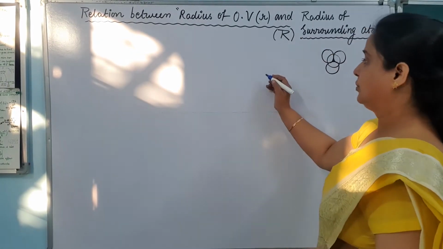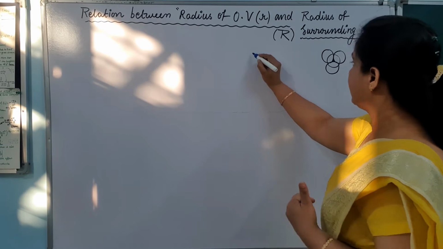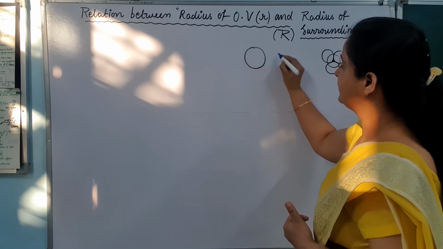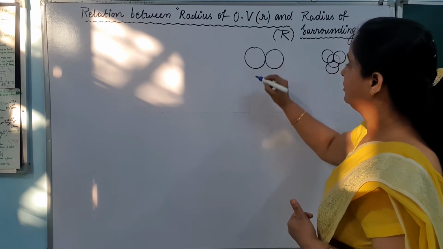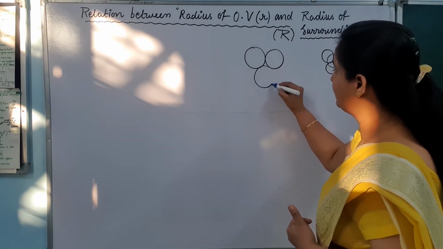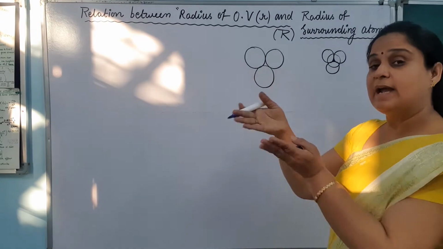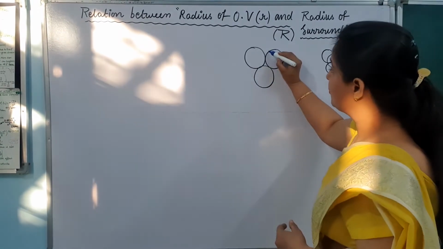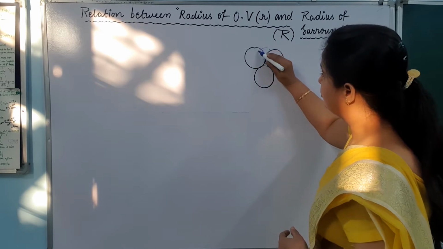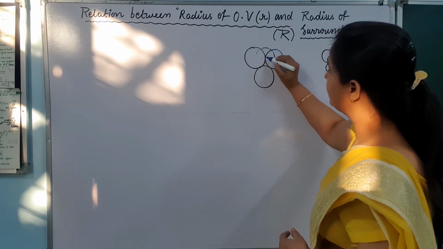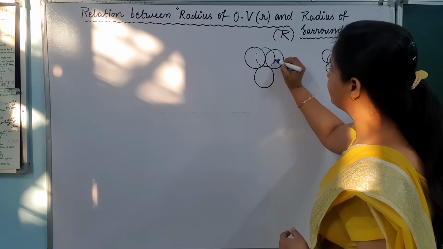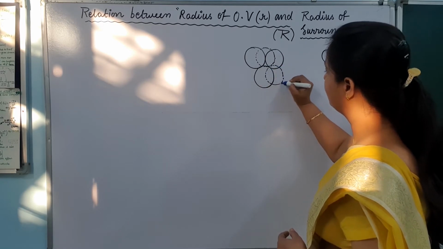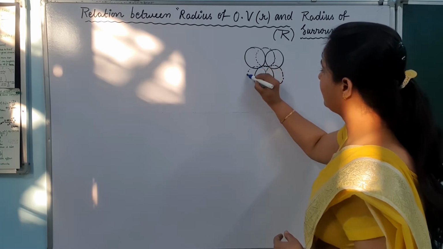Let's start. Remember when I drew octahedral voids, how I drew that? One ball, two ball, three ball, on the lower side, and above that I kept one more layer, but in the opposite way, that is, above two balls there was one ball, and above one ball there are two balls. I hope you remember this.